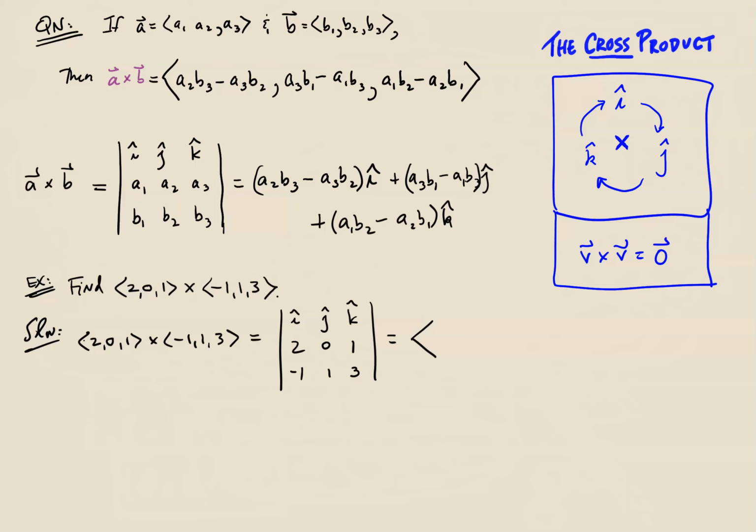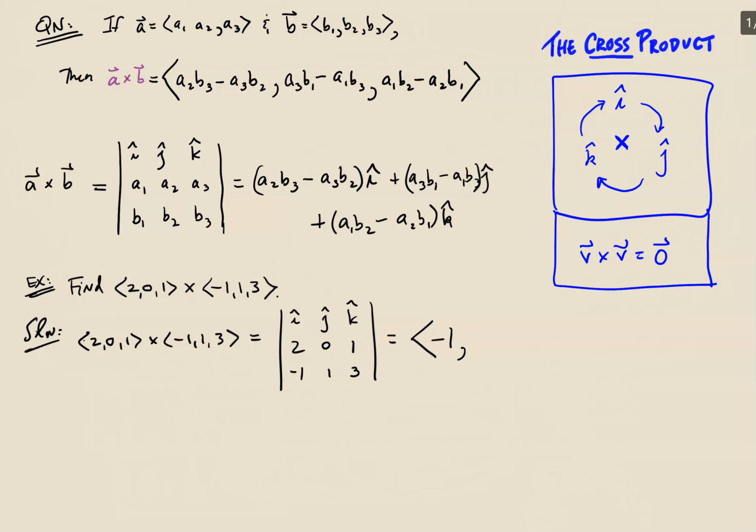So for the i-hat term, the thing that goes in the first component, we multiply these, and we're going to get 0 right there. Okay, so we get a 0 there, but of course we're also doing the negative version, and we'll get a 1 there. So we get 0 i-hat minus 1 i-hat, which means that first component is just going to be a minus 1.